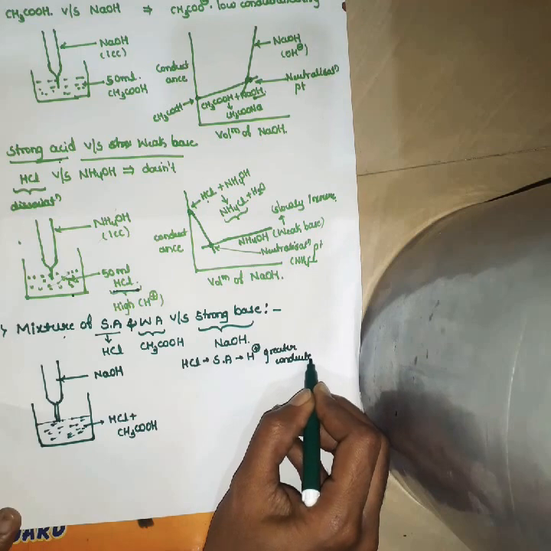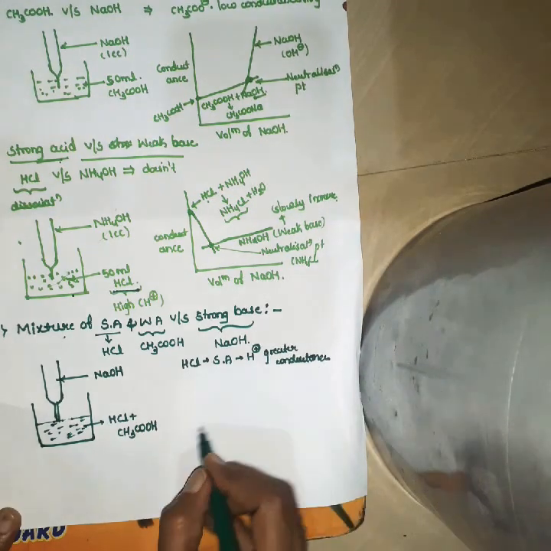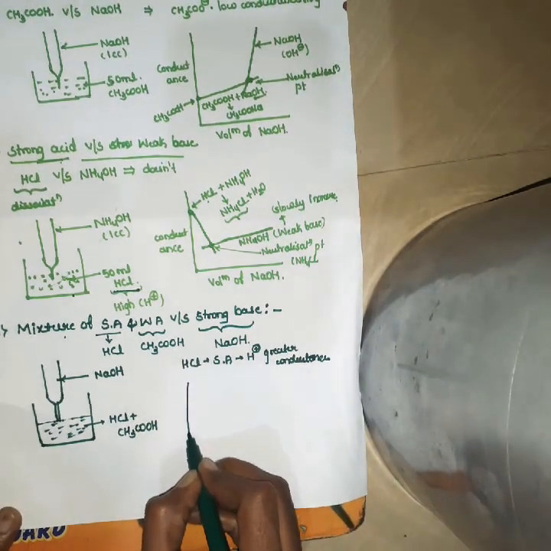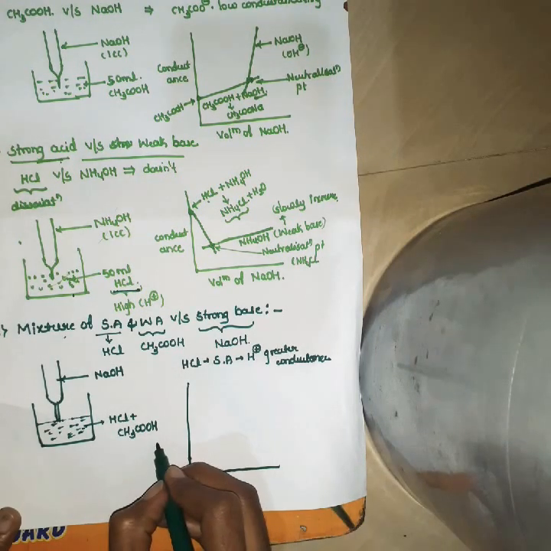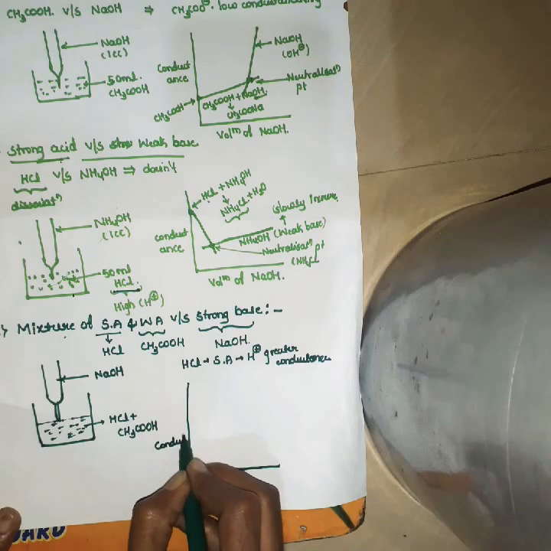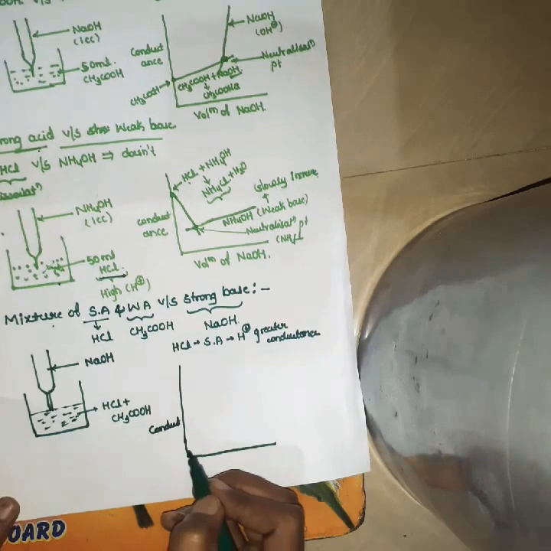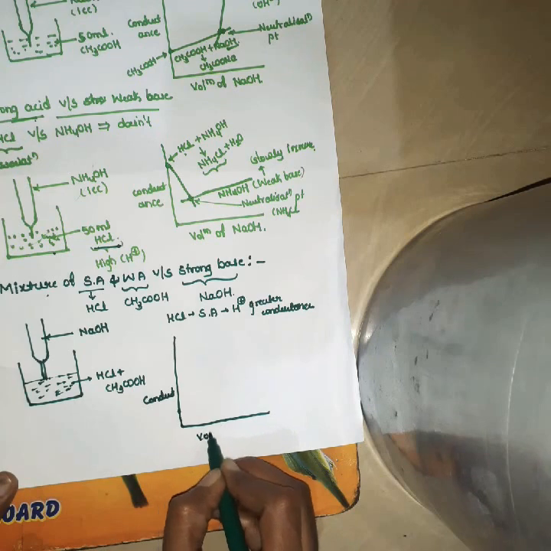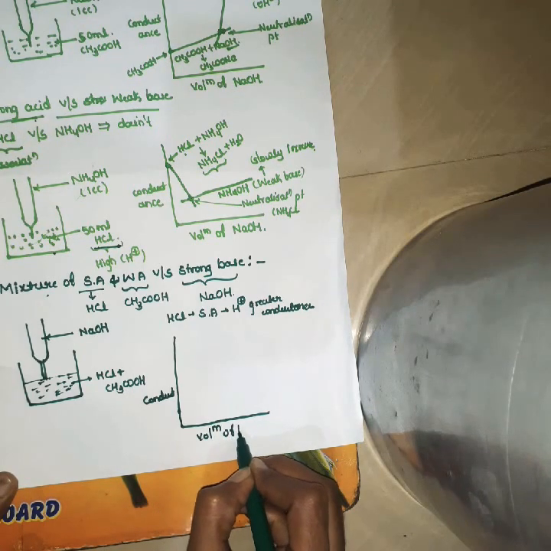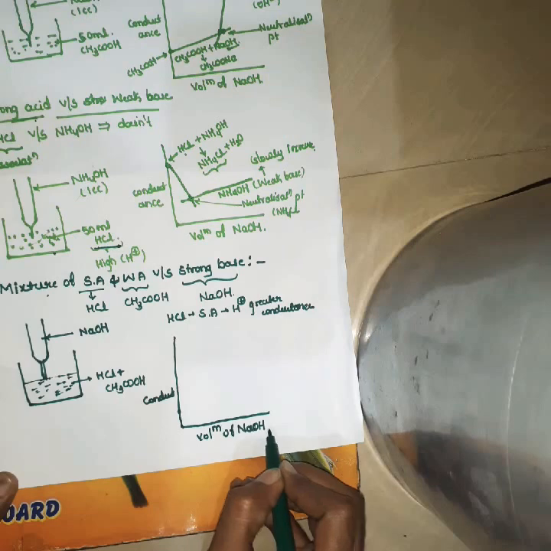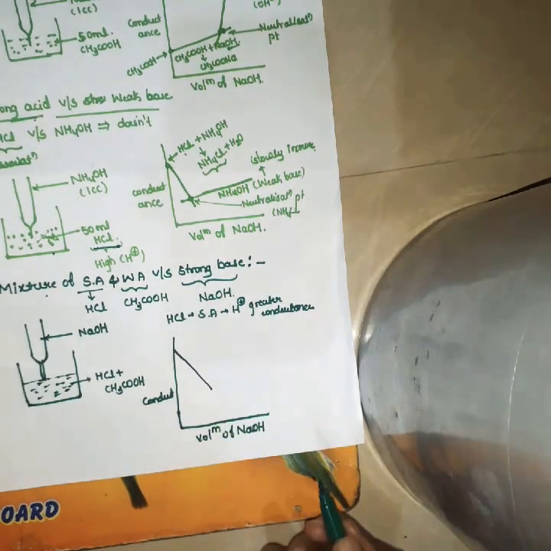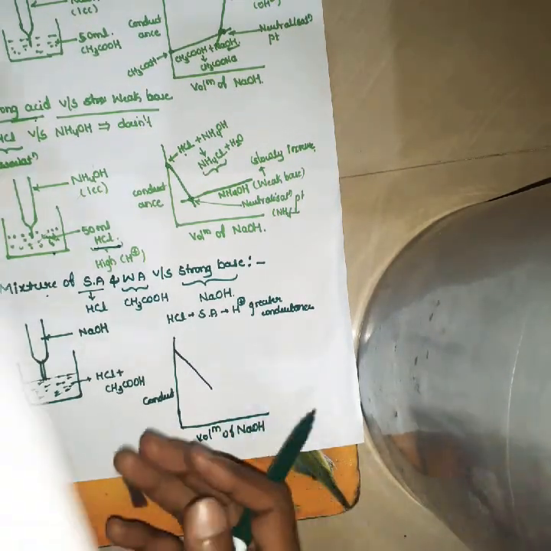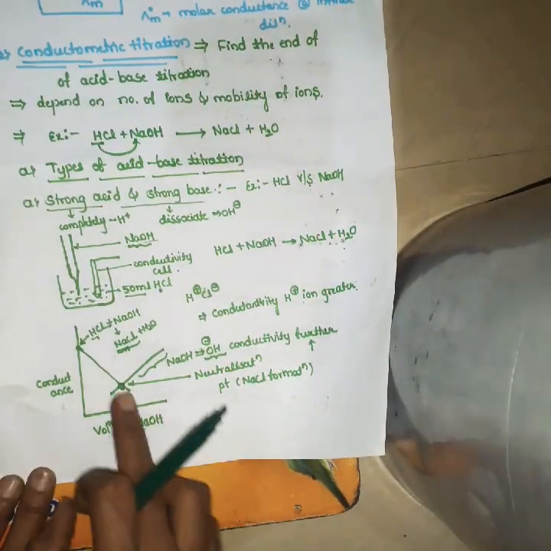Therefore, while plotting a graph between conductance versus volume of NaOH added, first it decreases, as you already know from the first type of titration.